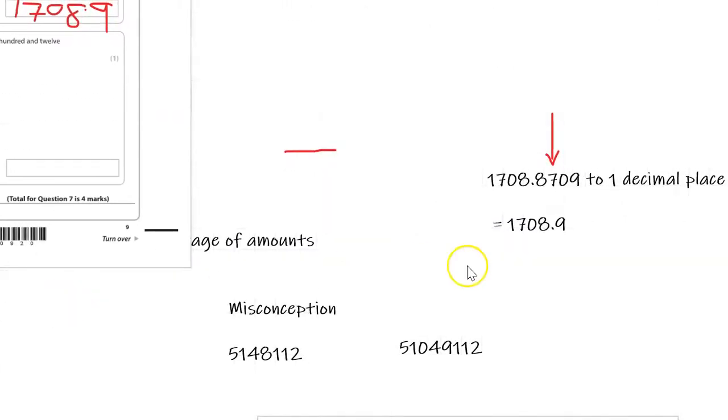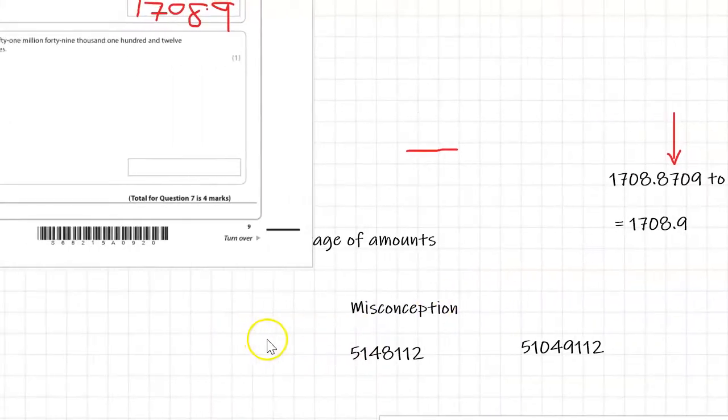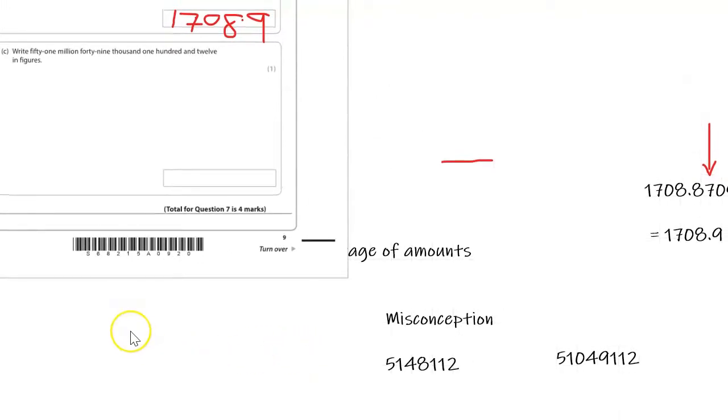So the misconception that they're looking at here is a lot of people would interpret that and then write it down, because you're writing down the numbers from the words, as in this example here. But this is not the full amount. This is 5,148,112.